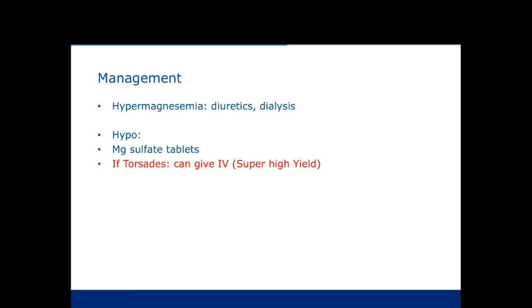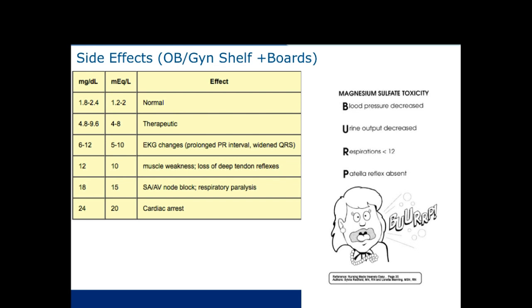Hypermagnesemia, diuretics, dialysis, not very high yield. For hypomagnesemia, you give magnesium sulfate, and in torsades, you always give magnesium as your initial management. It stabilizes the heart membrane and just buys you a little bit of time. These are the side effects. This shows up on your OBGYN shelves and during your OBGYN rotations. And then the mnemonic is BURP.